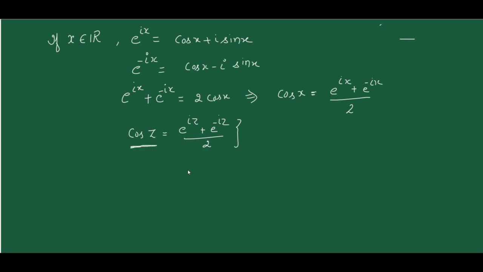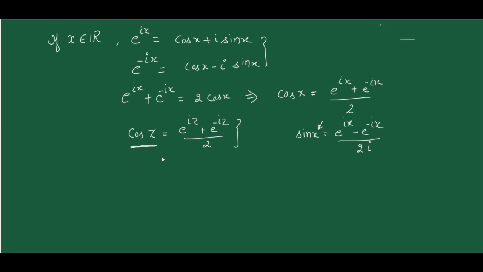Similarly, if you subtract these two equations, then sine of x is equal to e raised to power iota x minus e raised to power minus iota x divided by 2 iota. So this is the representation of sine of a real variable x.